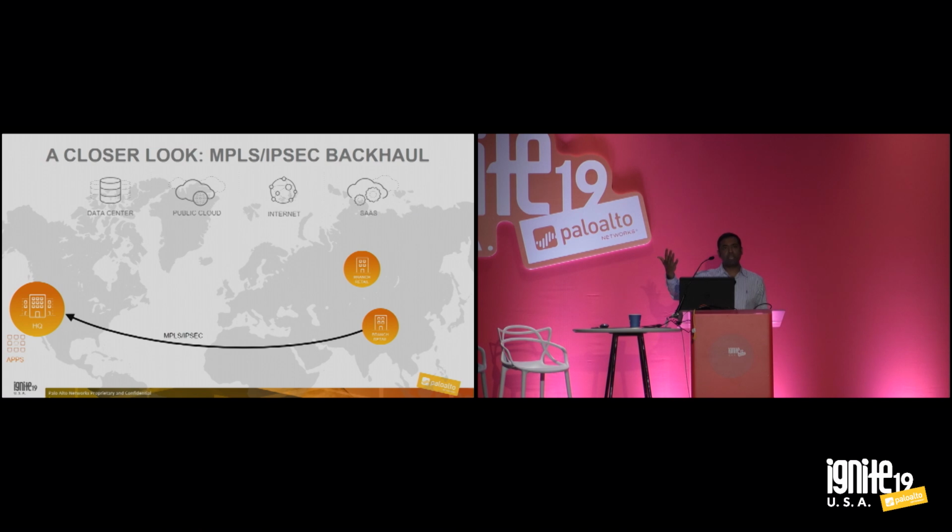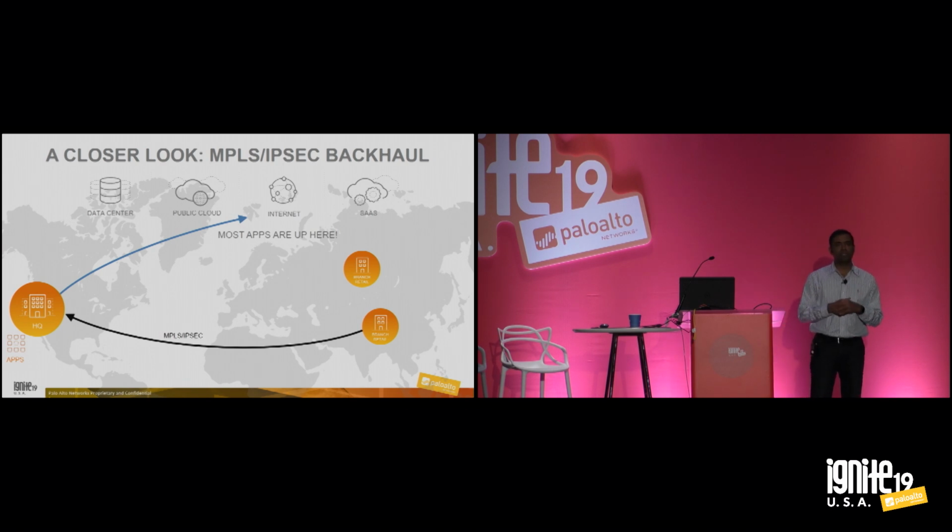But because the applications are shifting to the cloud and SaaS and other locations, and my security stack still lives in my headquarters, you have to go to the same stack in order to access all those applications. Now this is creating a classic backhauling problem, right? Because if more and more traffic is going to the internet, backhauling all the traffic over an expensive MPLS link to a central site and egressing out from there doesn't work, right?